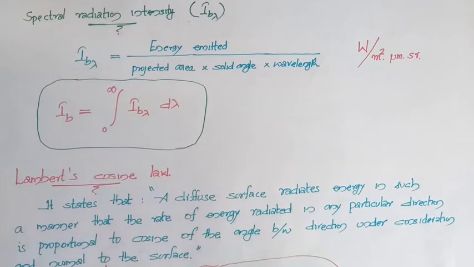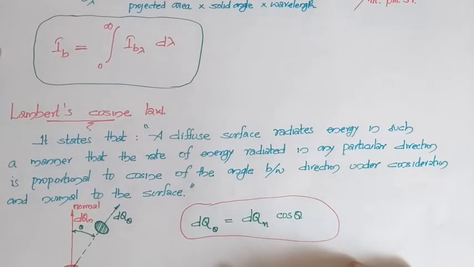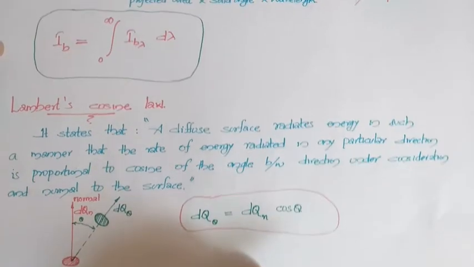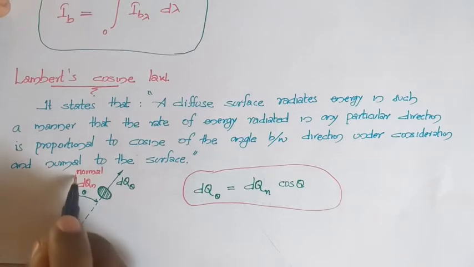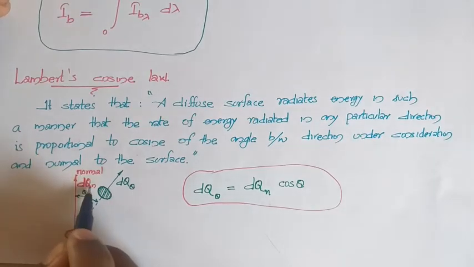Next we have a law which is known as Lambert's cosine law for this radiation. Here you have a surface which is radiating energy, shown by this red surface having an area dA, and it has a normal in this direction. Along that direction suppose it is radiating energy, total energy, not per unit area, it is total energy dQ_n.